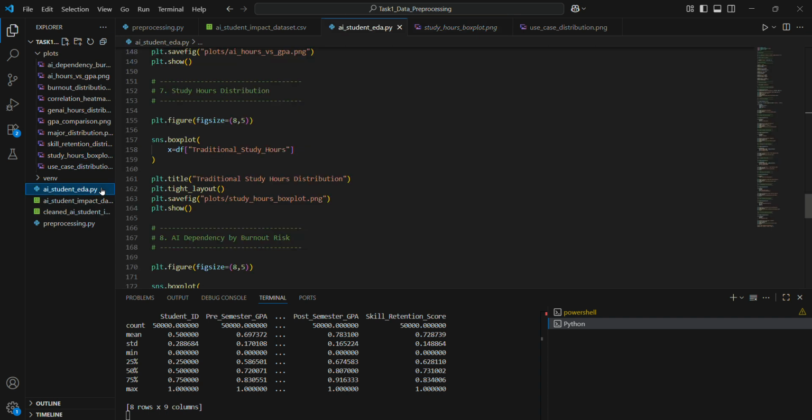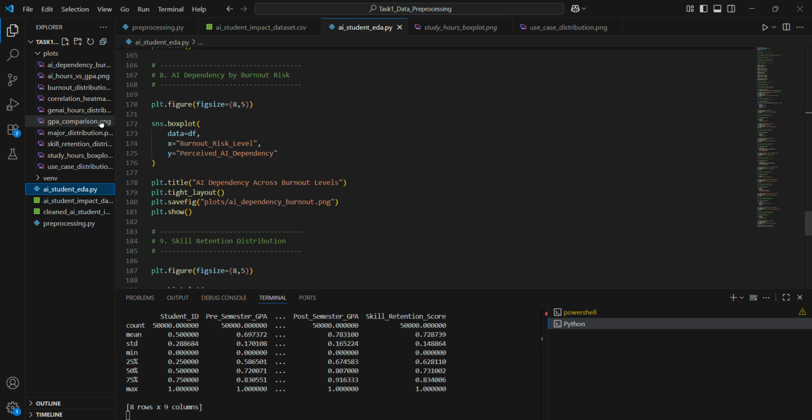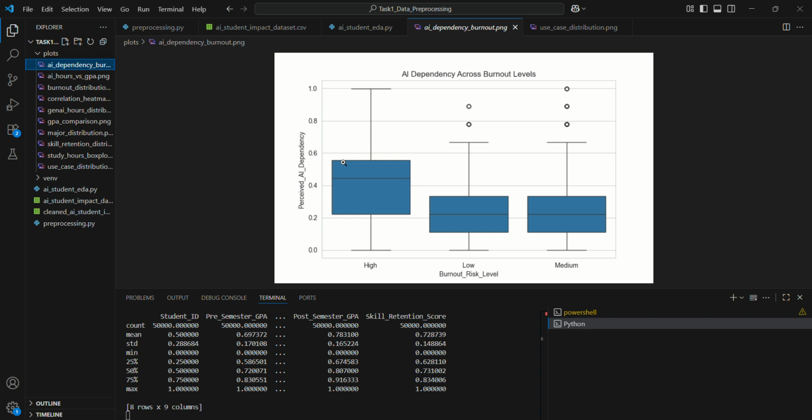Then again, coming back to our Python file, we have the AI dependency by burnout risk. This is another box plot graph where we have perceived AI dependency and the burnout risk level. For the high burnout risk level, the perceived AI dependency is comparatively high, of course, and the median here is about 0.45.